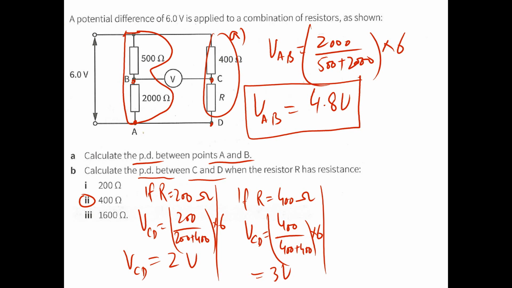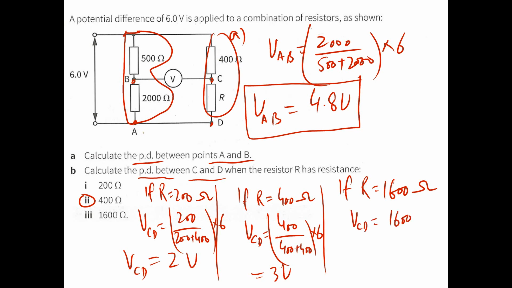The last part is asking us to find VCD again if R is equal to 1600 ohms. This resistance is 4 times that one, so you can answer by ratio, but if you want to follow the steps with calculation, we can do it like this.